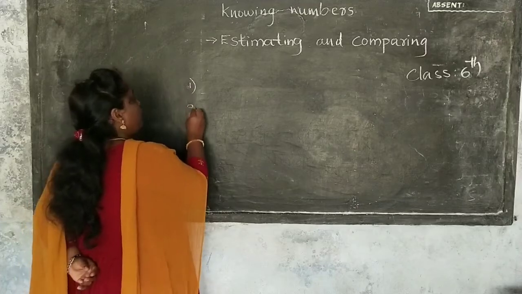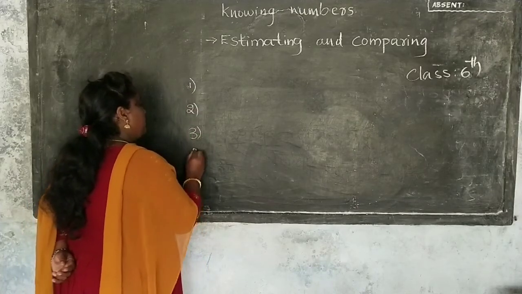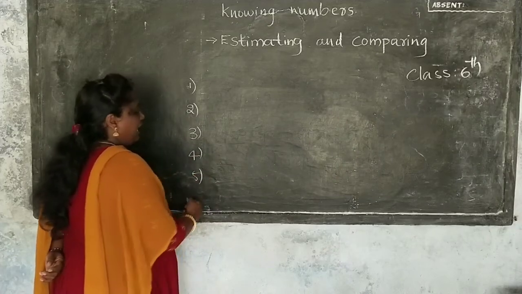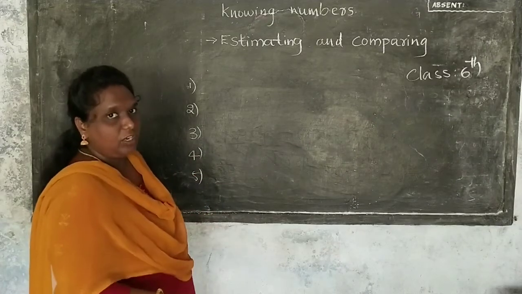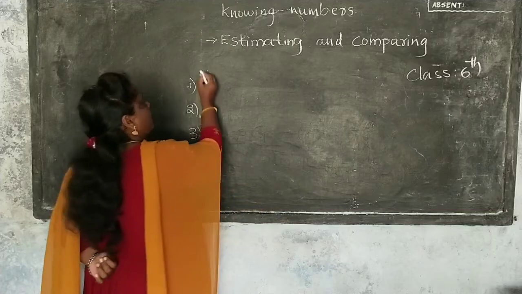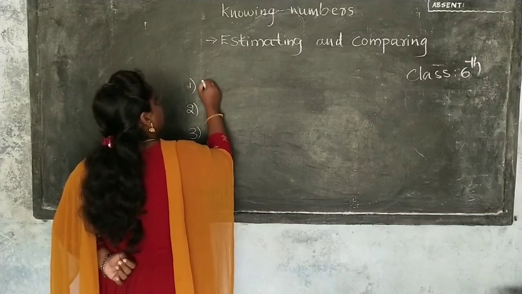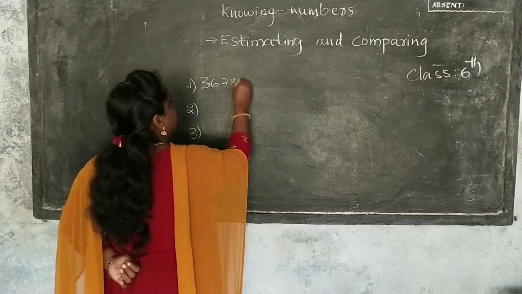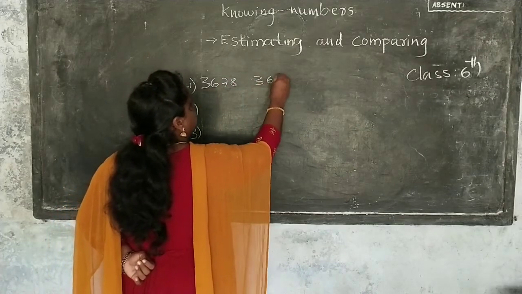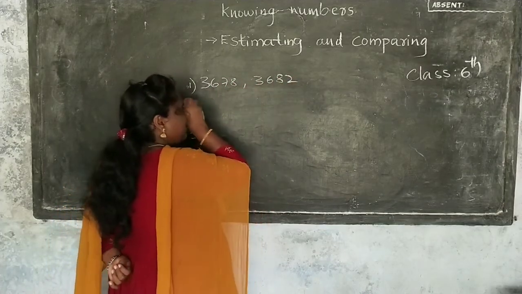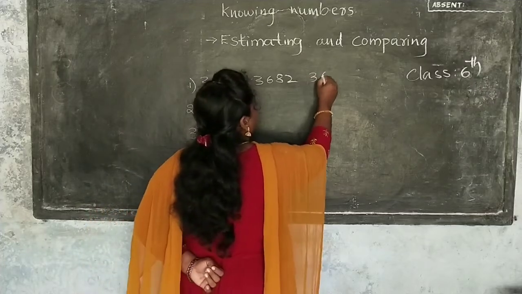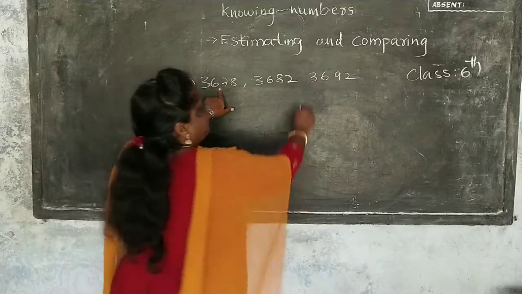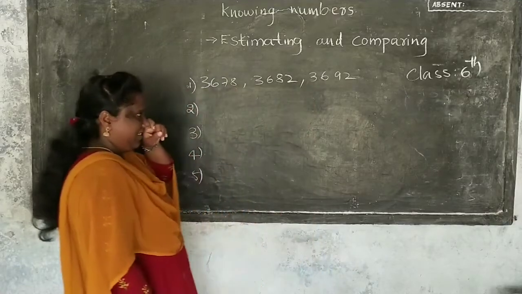I am giving homework problems. And you have to write the greatest and smallest. Okay? Among these three, which is greatest and smallest, you have to write.